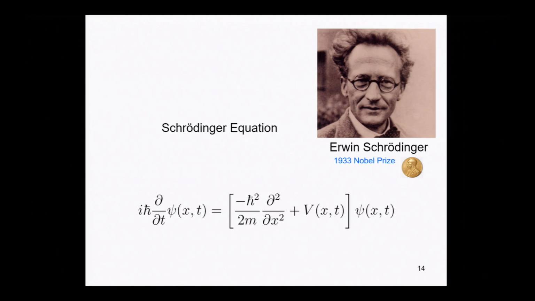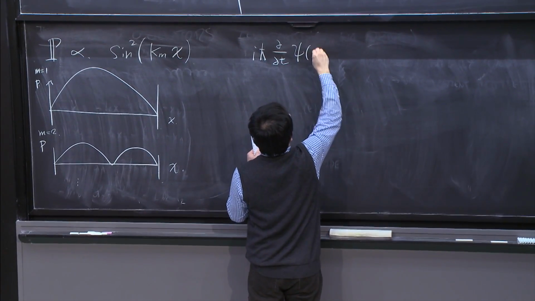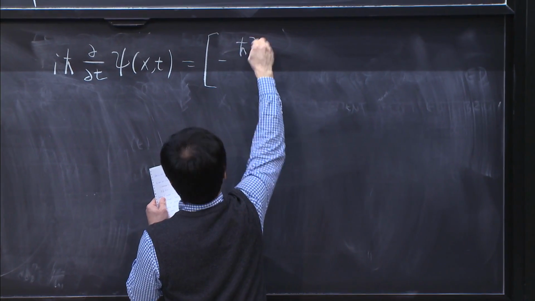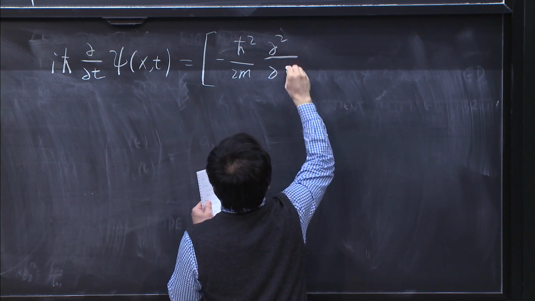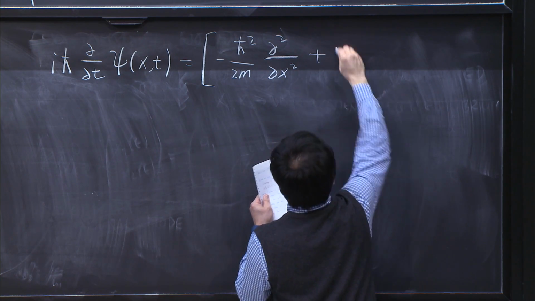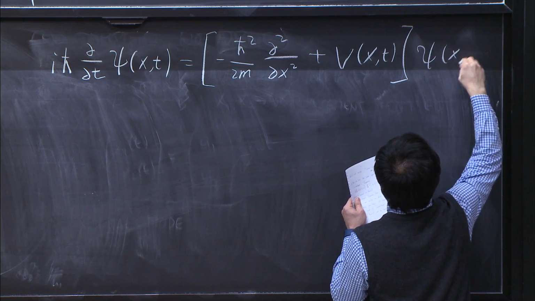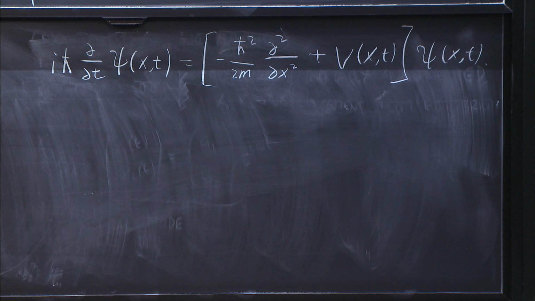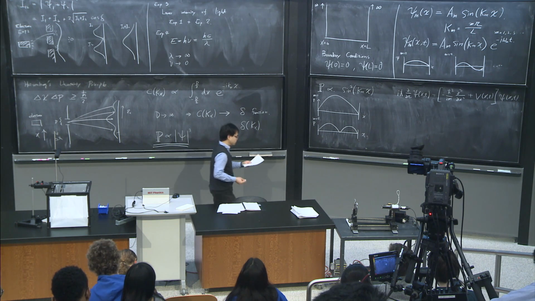It's i h bar, from the Planck constant, partial t, psi(x,t), and this will be equal to minus h bar squared over 2m, partial squared over partial x squared, plus V(x,t), psi(x,t). Okay? So this is really nice, and it works and matches with experimental results.